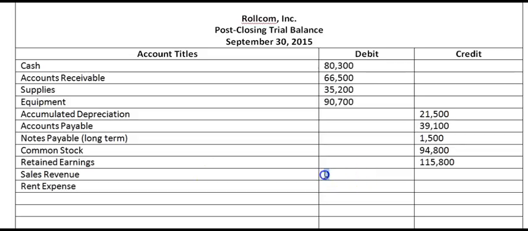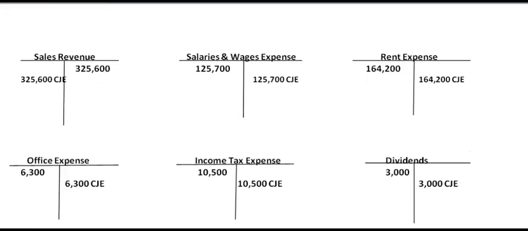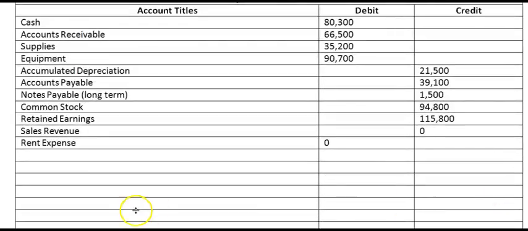Sorry, I meant to put that on the right side. You can use a check my work if you'd like. So the expense accounts also had a zero balance. Revenues were zero. Salaries and wages are 0. Rent expense, office expense, income tax expense, and dividends all have a 0 balance.